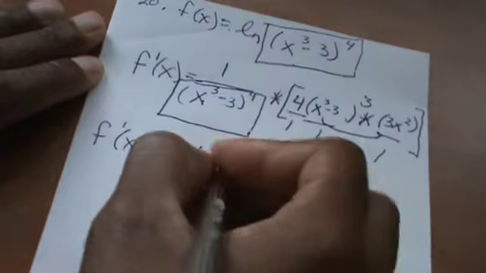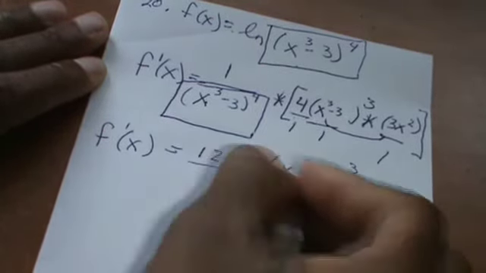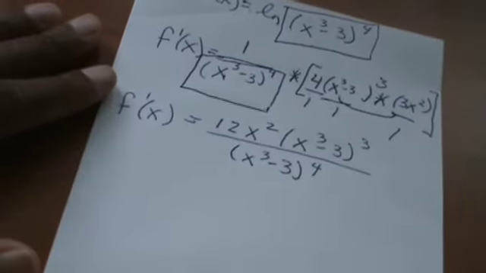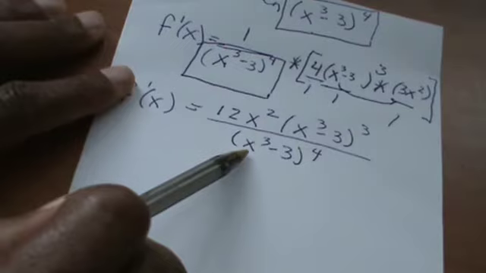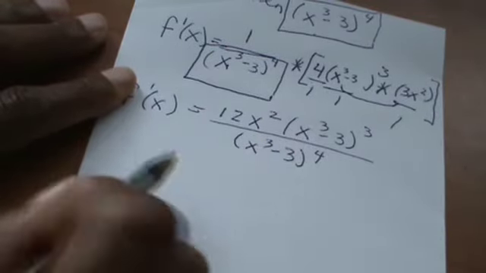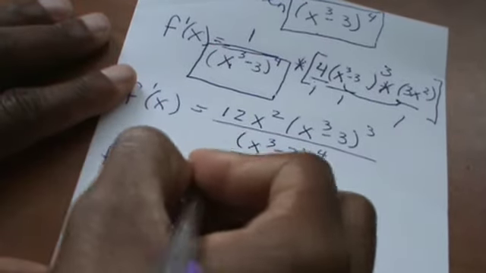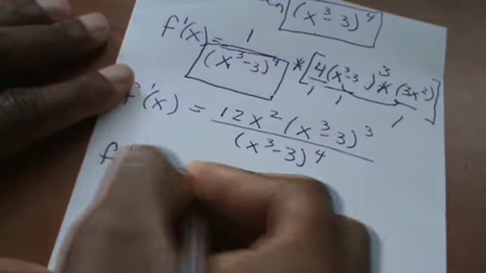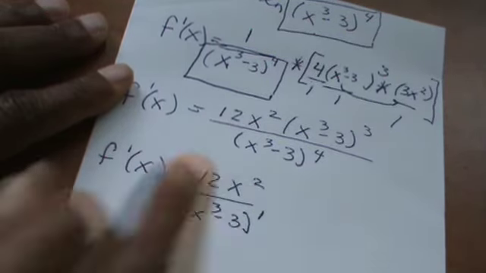And in the denominator, we have x cubed minus 3 to the 4th power. Okay, so almost there. Notice you have 3 sets of x cubed minus 3 in the numerator, and then 4 sets of x cubed minus 3 in the denominator. So 3 of them should cancel. So then f prime of x equals 12x squared over x cubed minus 3 to the first power.